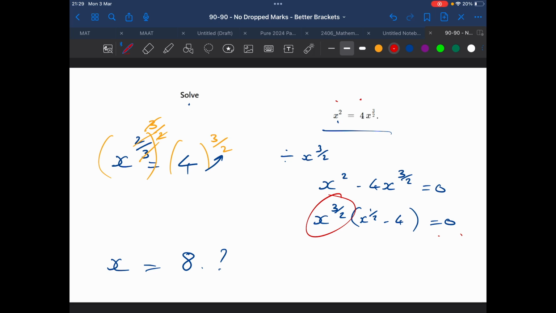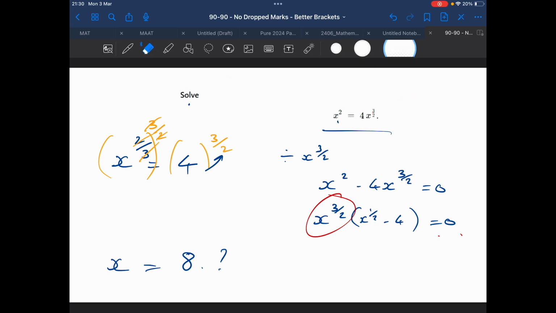You see this a lot in trig questions like sin x. Let's do something like sin x equals sin x cos x. A lot of people cross those out and solve what's left. Well, you can do that, but you've got to remember that the thing that you're dividing on both sides could be the bit that made the equation work.